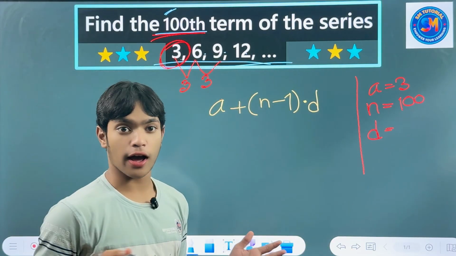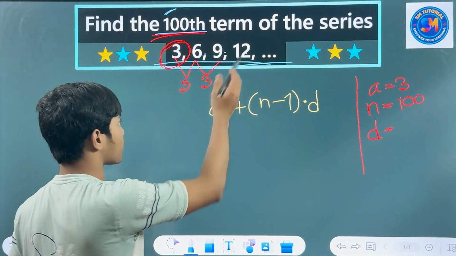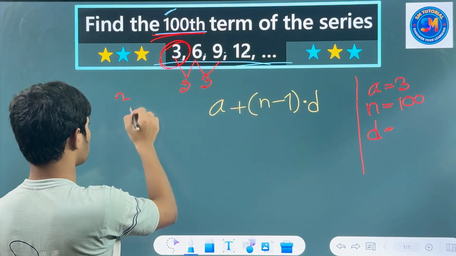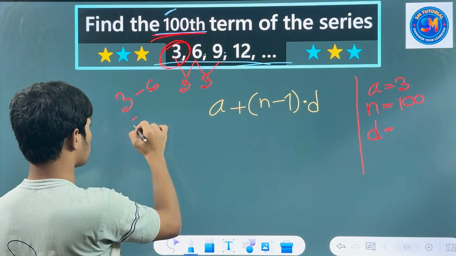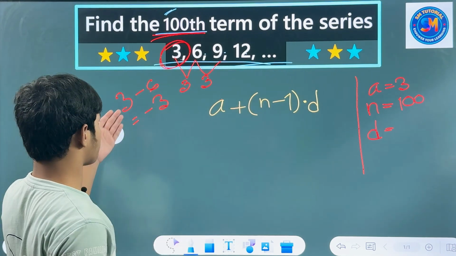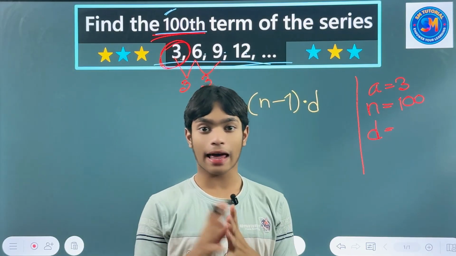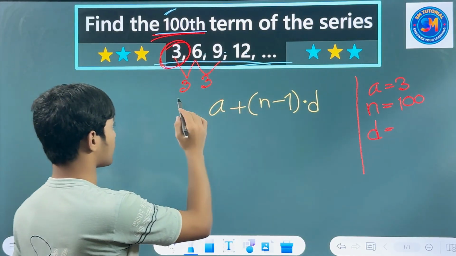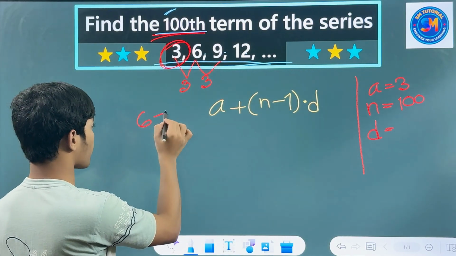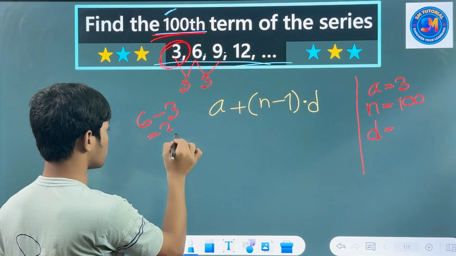Don't subtract the first term minus the last term, like 3 minus 6 equals minus 3. This is very bad. So you write the last term, 6 minus 3, which is 3.